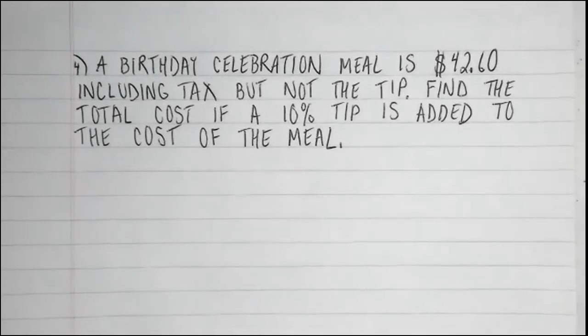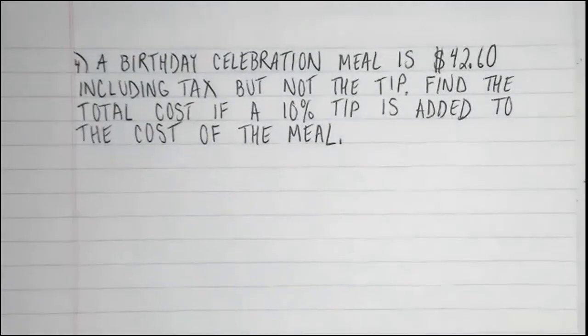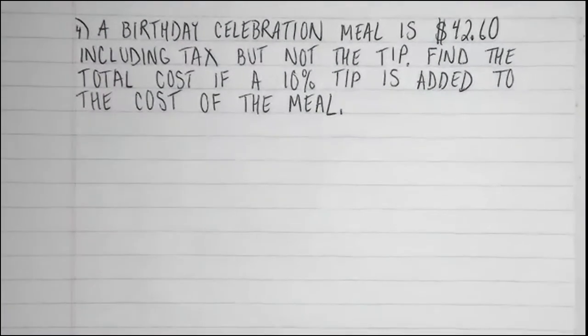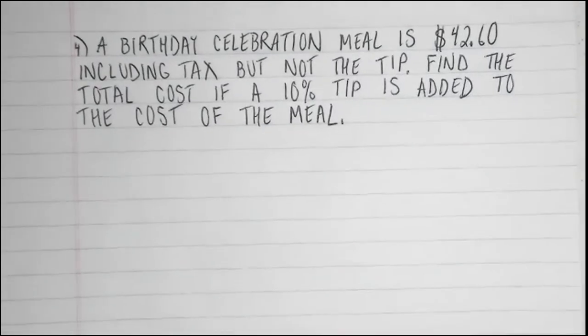All right, something that's extremely important with these word problems, and I'm going to give you examples of what I'm talking about, is to not only read the word problem, but also read what the final answer wants, okay?